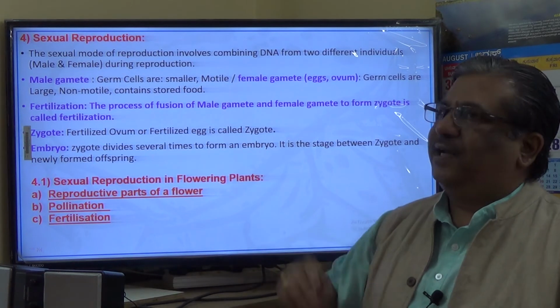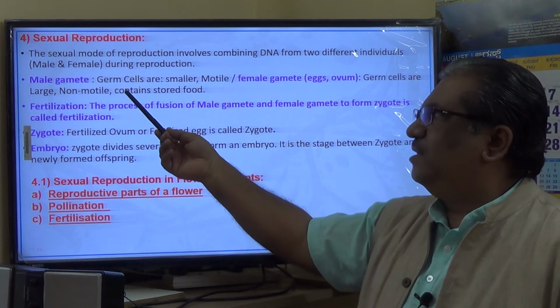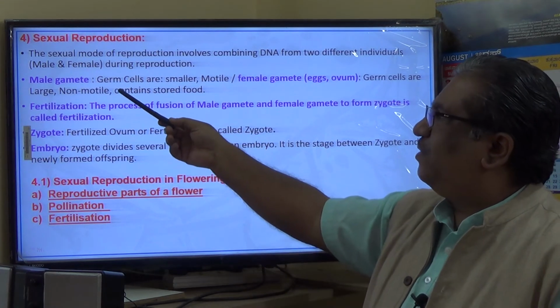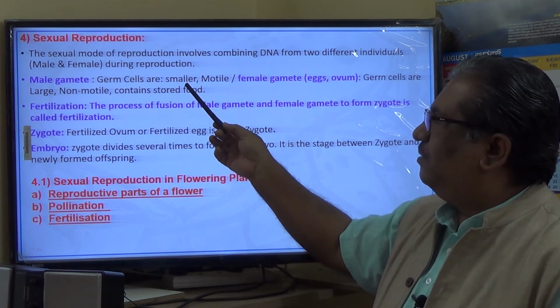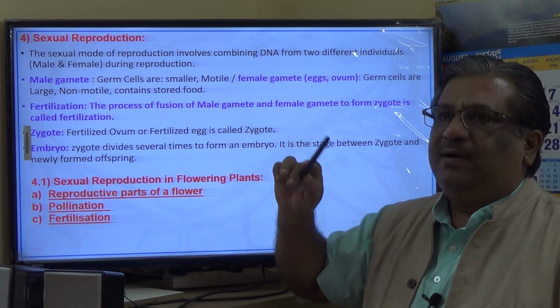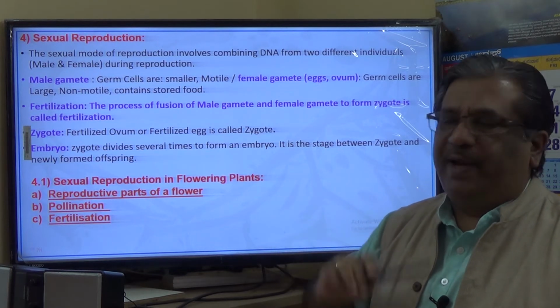Male gametes are nothing but sex cells. Male gamete means male germ cell or a male sex cell. What is the nature of that? Generally these are smaller and motile in nature. The meaning of motile is that male germ cells will be under motion, they will be moving.